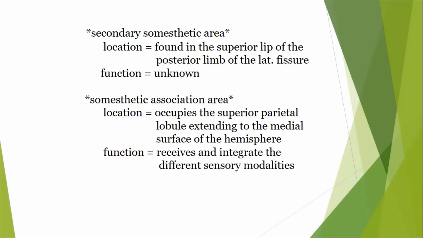The secondary somesthetic area is found in the superior lip of the posterior limb of the lateral fissure. It has an unknown function. If you are interested in being a neuroanatomist, you may find this a good research topic. Another area is the somesthetic association area.